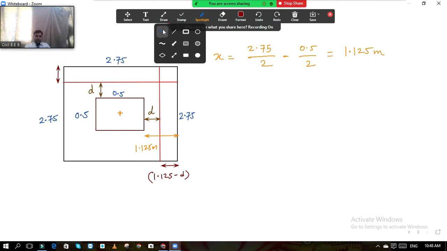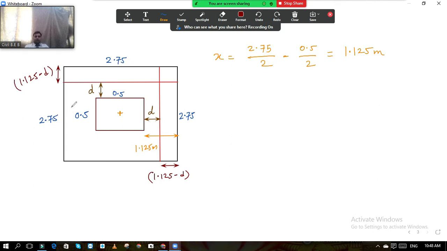This will again be 1.125 minus d. Now if you see both the strips, both the strips are having the same area.